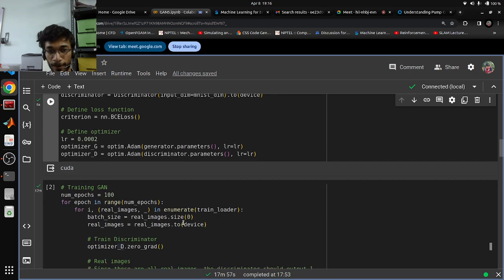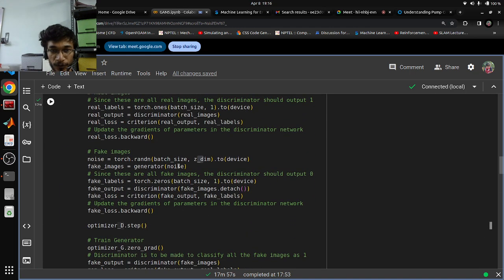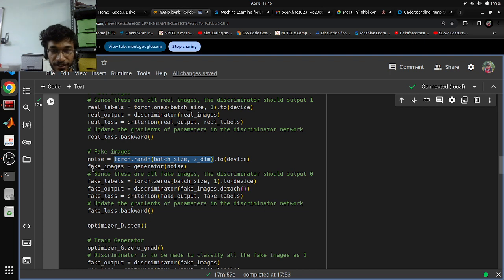From these 64 vectors, each of 100 dimensions of noise, the generator is going to generate 64 fake images of digits. The discriminator's job is now to output 0 for all of these, because they are generated by the generator and are not part of the real data set. That is what we are calling the fake labels.